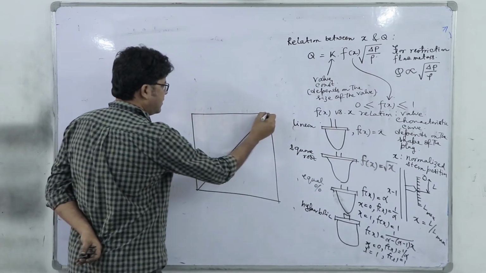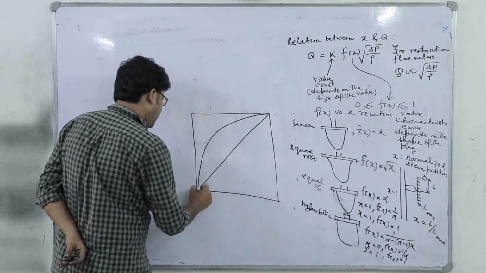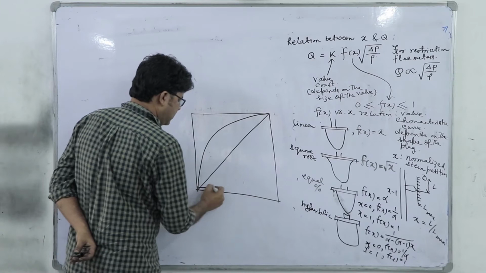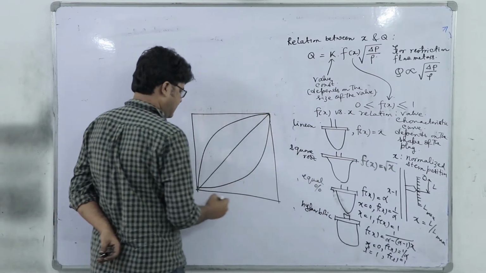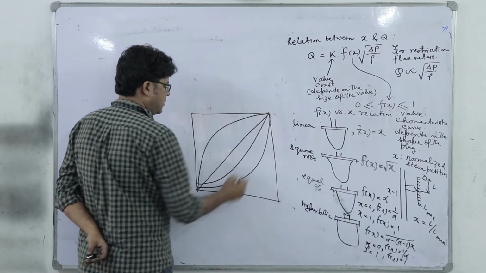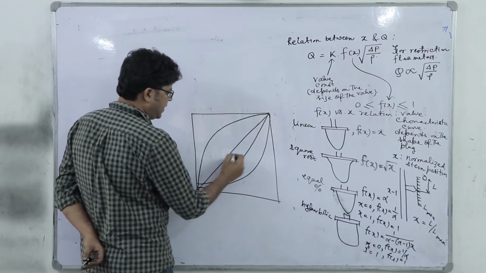This is the linear, this is square root, this is equal percentage, this is another equal percentage for different values of alpha.